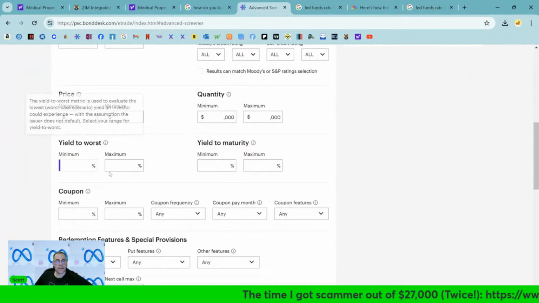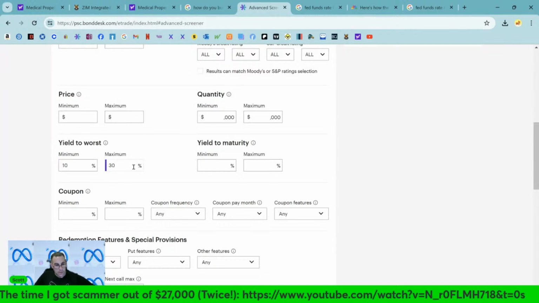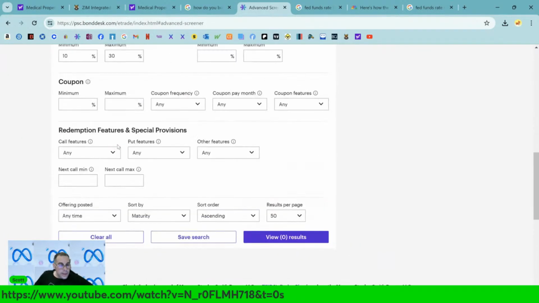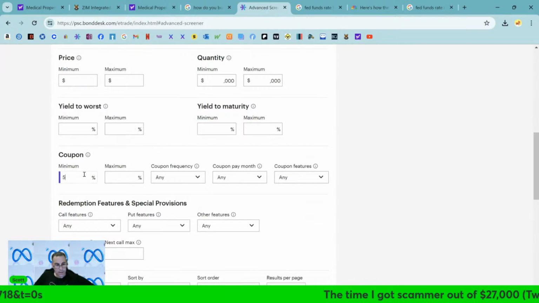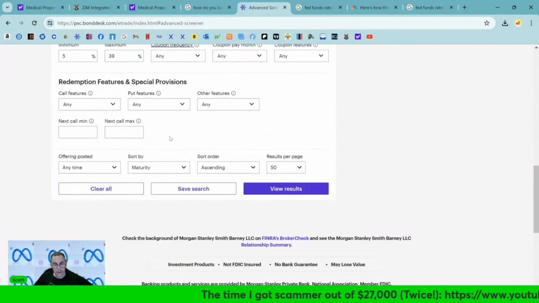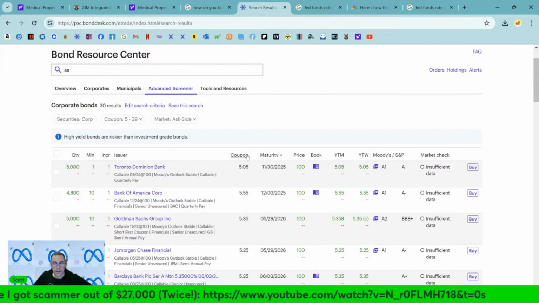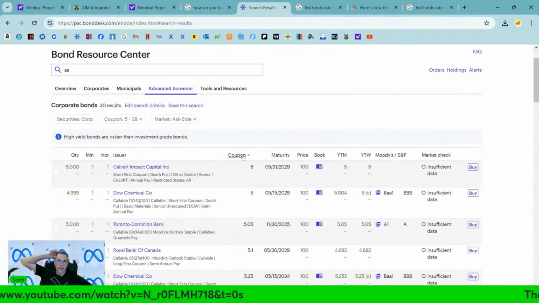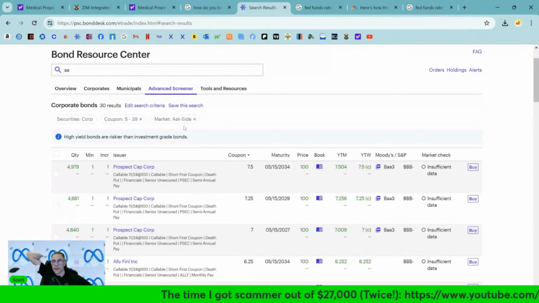Yield to worst. Okay, here we go. I guess I thought we saw a 20% rate on the other one.